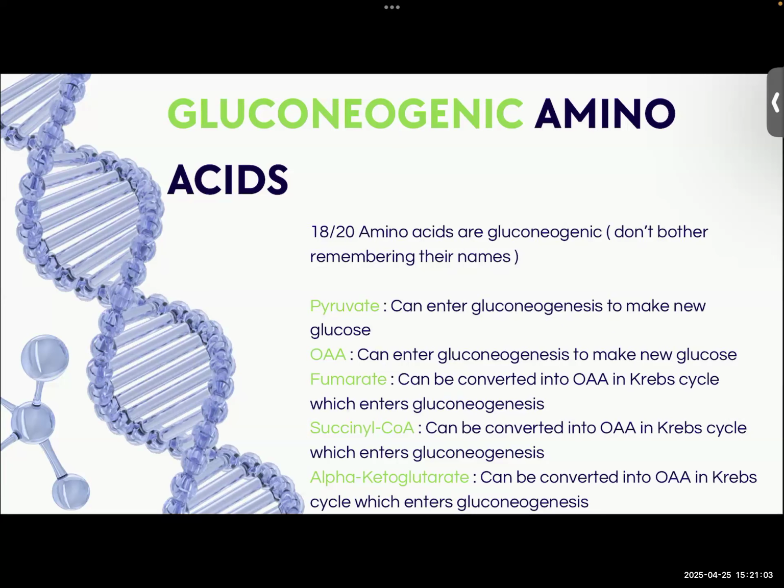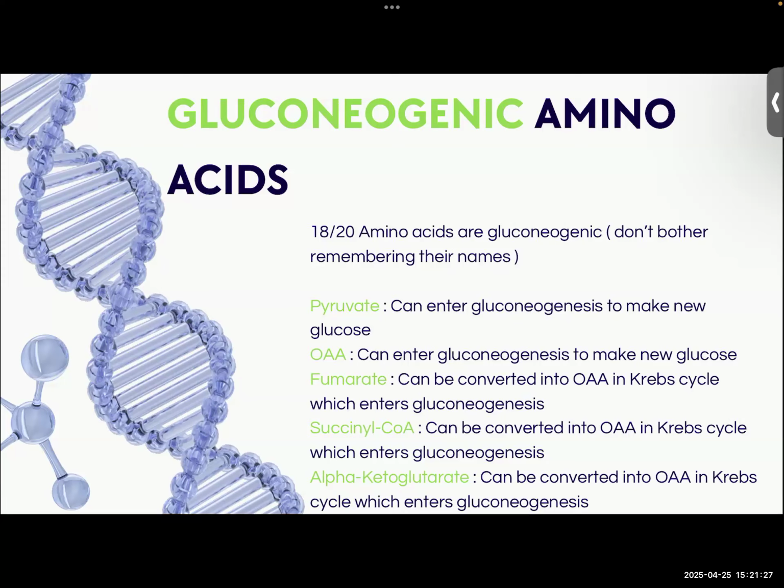Now, what I've written below: pyruvate, oxaloacetate, fumarate, succinyl coenzyme A, alpha-ketoglutarate. From the previous slides, you know that for an amino acid to be gluconeogenic, they must break down into one of these products. But once they reach this stage of becoming this breakdown product, how do they form glucose?